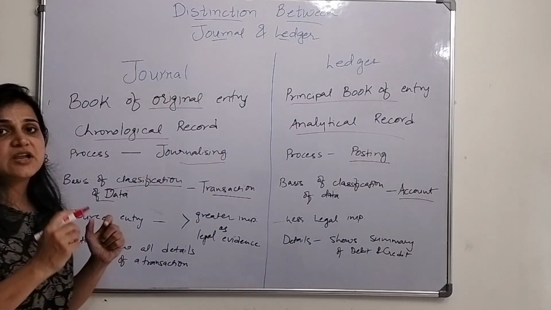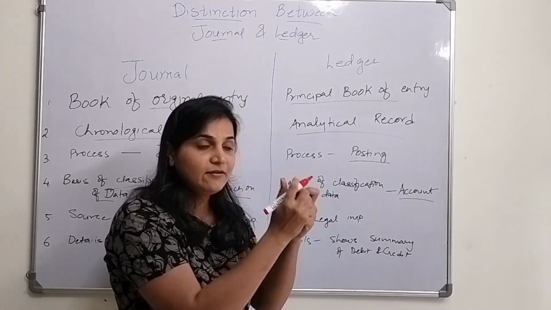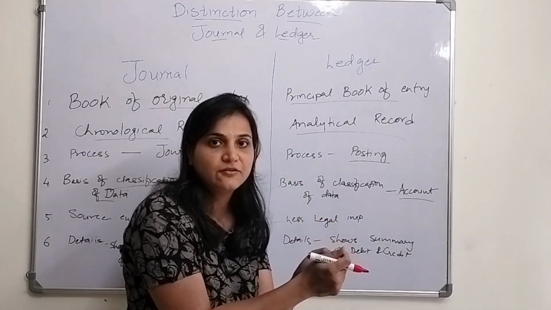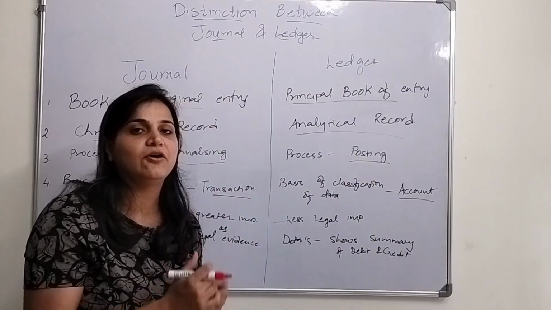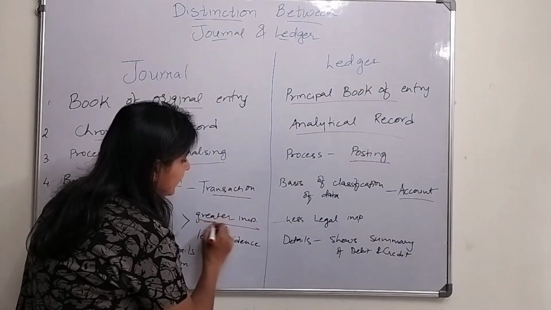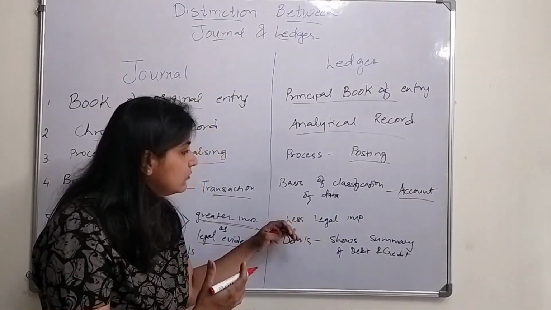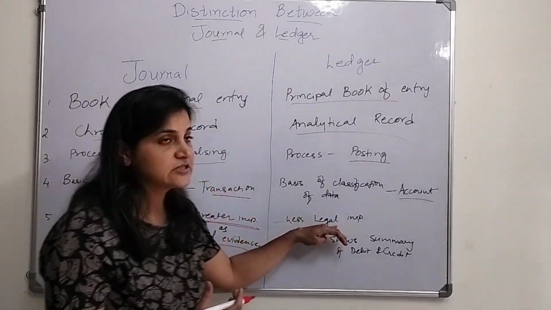In the journal, the transactions are recorded based on a source document. There is evidence, and on the basis of that evidence we record the transaction in the journal. So this has greater importance when legal evidence is considered. In the ledger, we just post it.